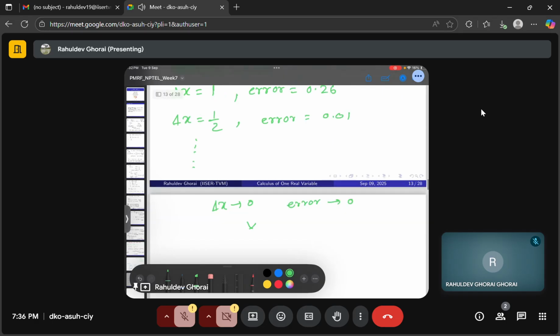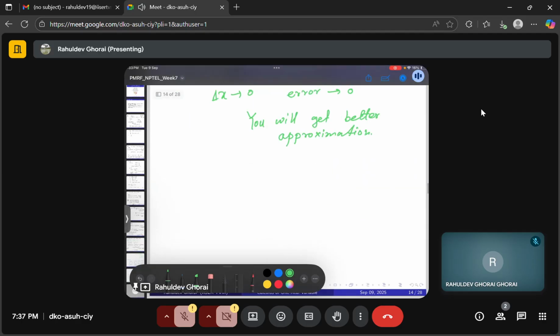You will get a better approximation. And error converging to 0 means you are getting closer to the exact value. That's the meaning. So that's how it works for the Simpson rule, and for the trapezoidal rule you can try also.